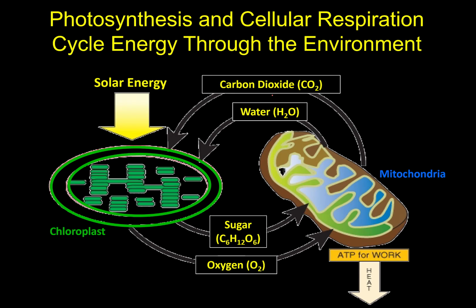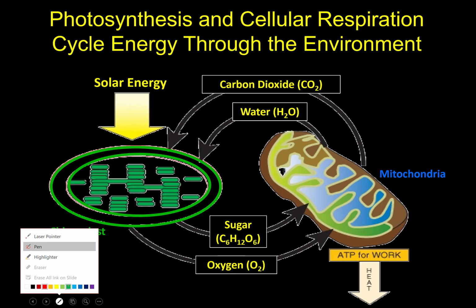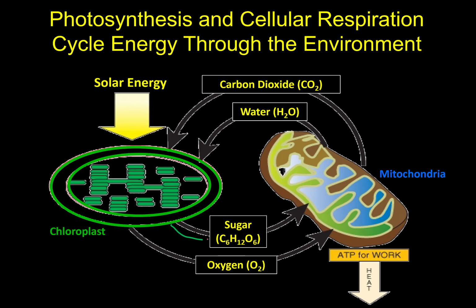Now, you may have noticed that the molecules that are produced by photosynthesis, our sugar molecule here and our oxygen molecules here, are actually what will be used in our cellular respiration reaction. The mitochondria are going to need this sugar and this oxygen in order to create the ATP that's necessary to power cellular work.